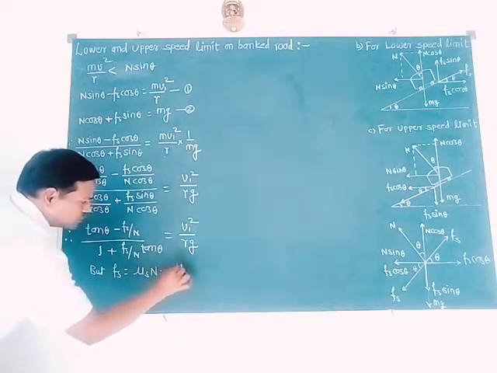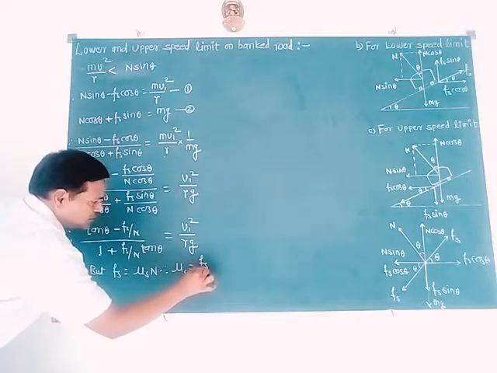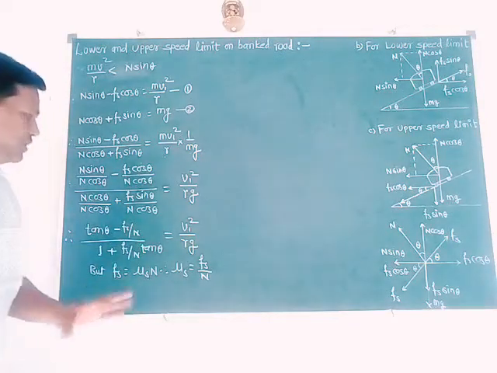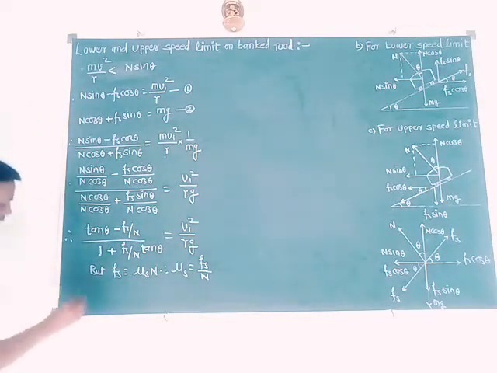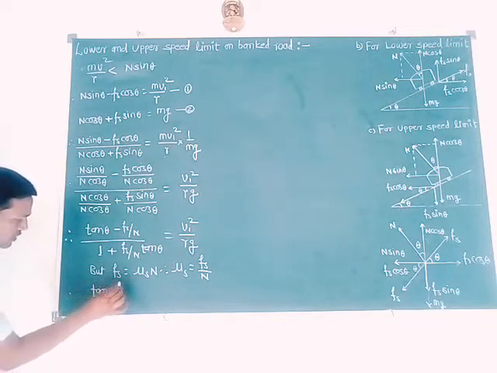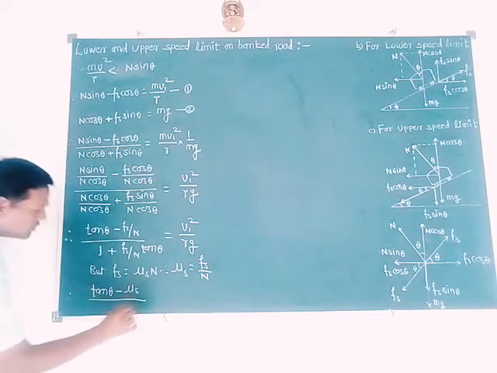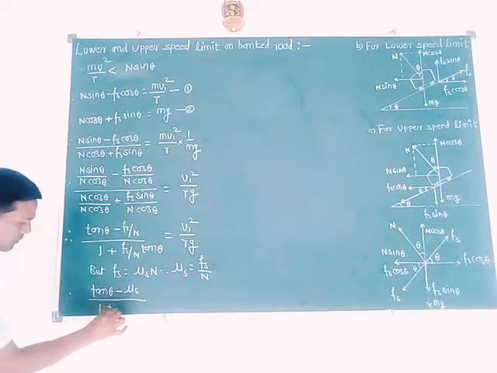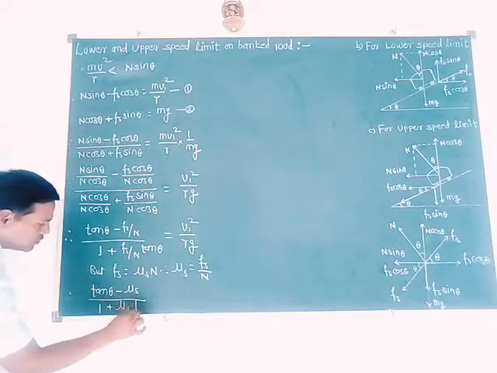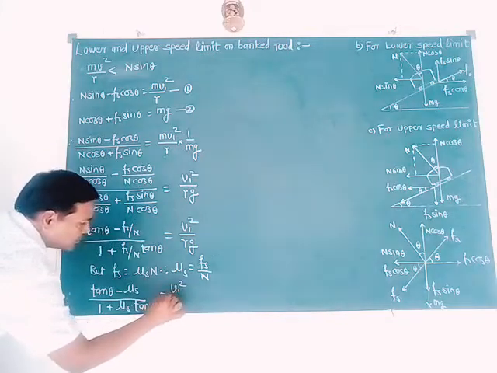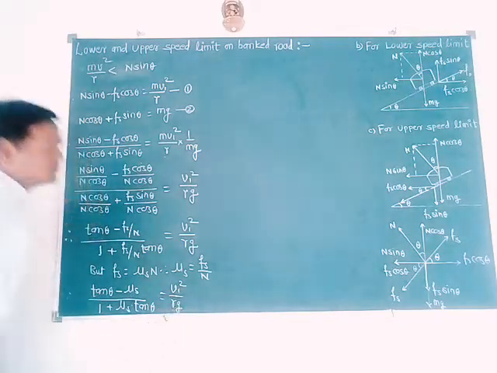Therefore this mu s can be written as Fs by n. So instead of Fs by n we can write mu s. So finally here we can write this: tan of theta minus mu s divided by 1 plus mu s into tan of theta equal to v1 square upon rg.